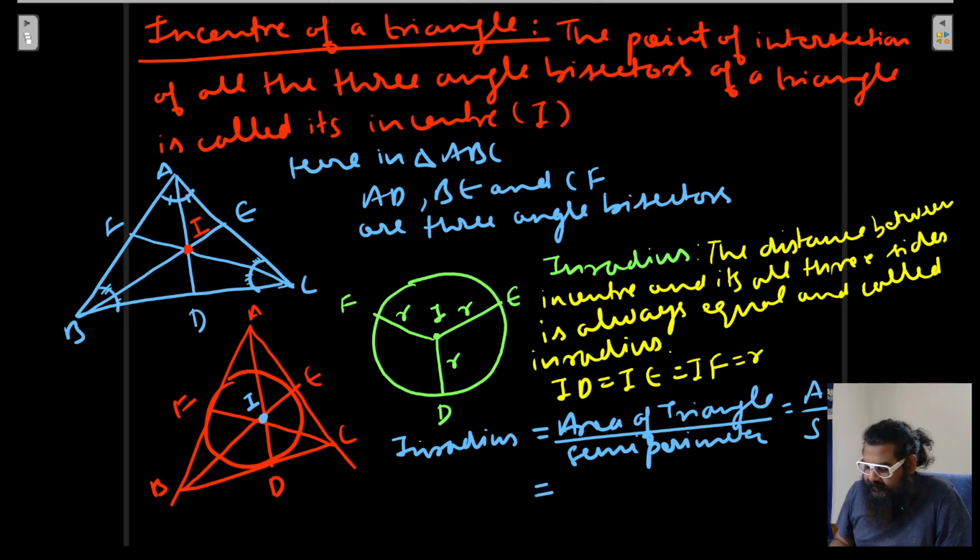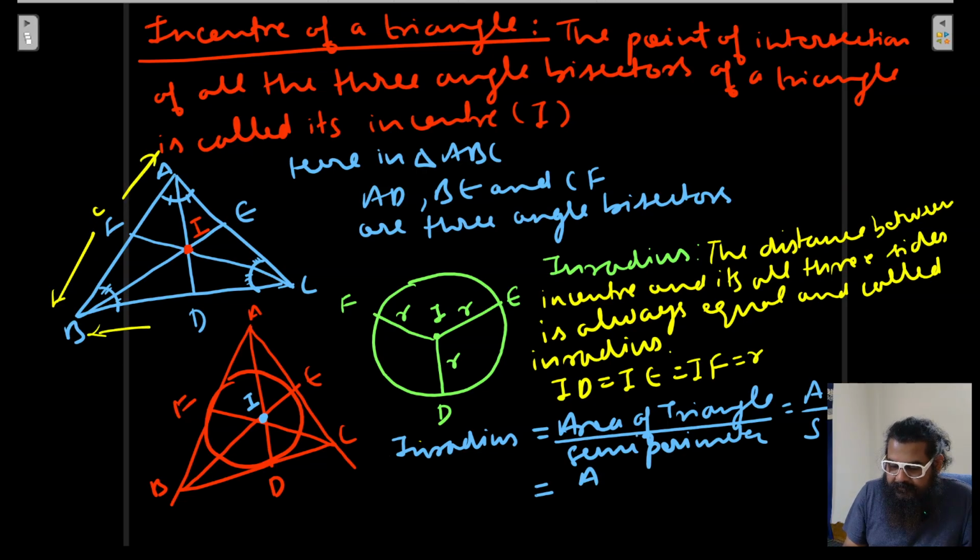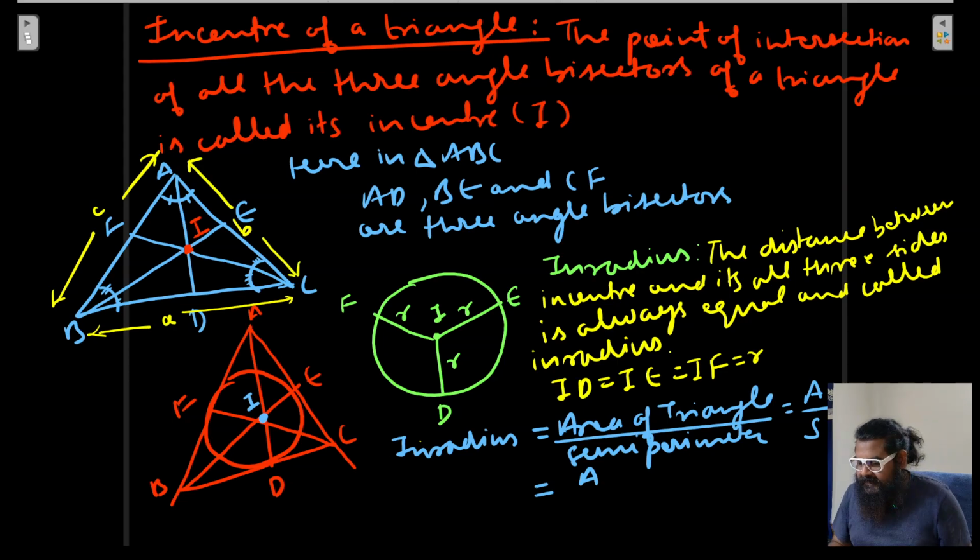Or you can further write it as, if the measurements of the sides are small c, small a, small b, the semi perimeter is a plus b plus c upon 2. So area upon semi perimeter. This is how we will find the inradius.